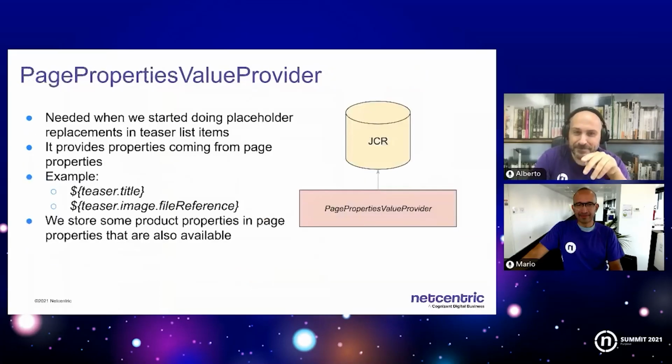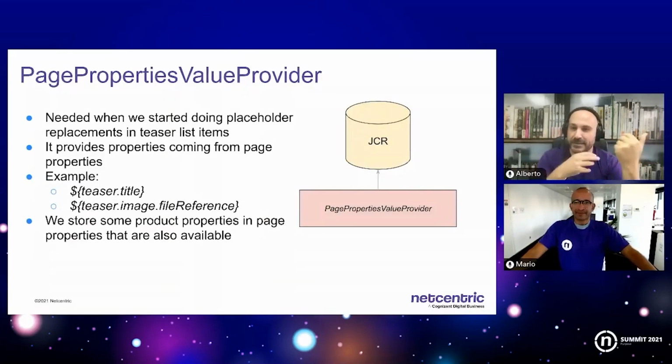Next slide, please. We also have these other property value providers. We already said that we can have as many as we need. The moment that we started to use this placeholder mechanism for the teaser list and for each item in the teaser list, we noticed that we may have a teaser that is not product related. We may have a normal teaser, and we only need to obtain the teaser title from the page properties.